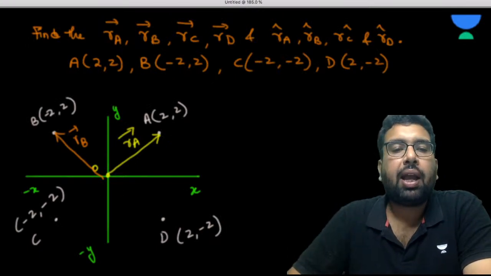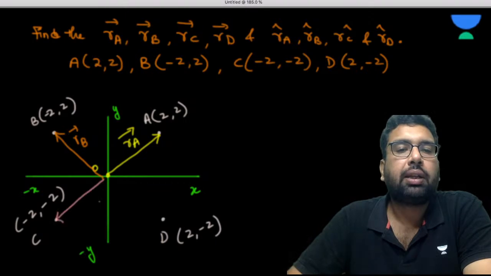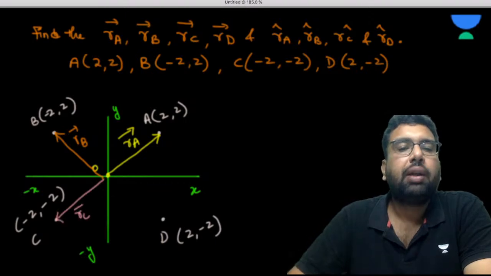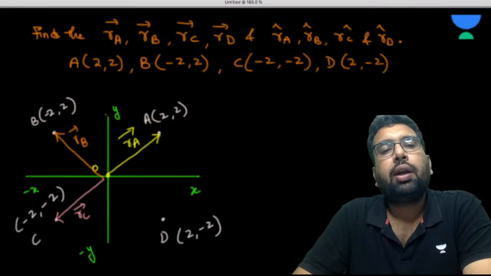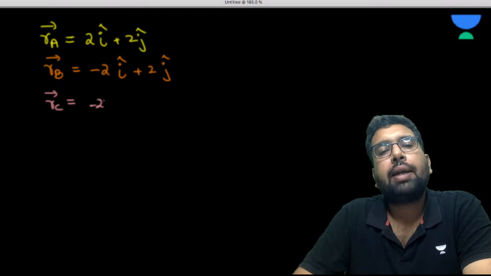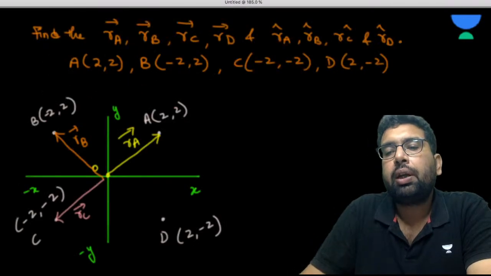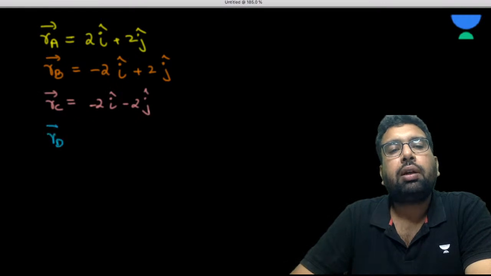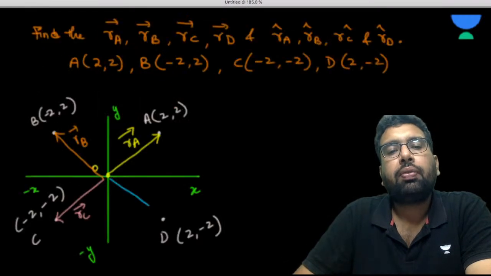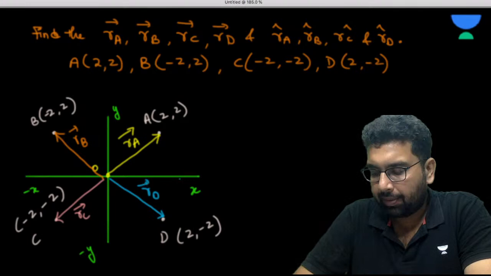Now if we join the origin to C, this is the position vector of C. So the position vector of C will become minus 2 of i cap and minus 2 of j cap. Now what is going to be the vector D? If we join this point with the origin, this is going to be the vector D.